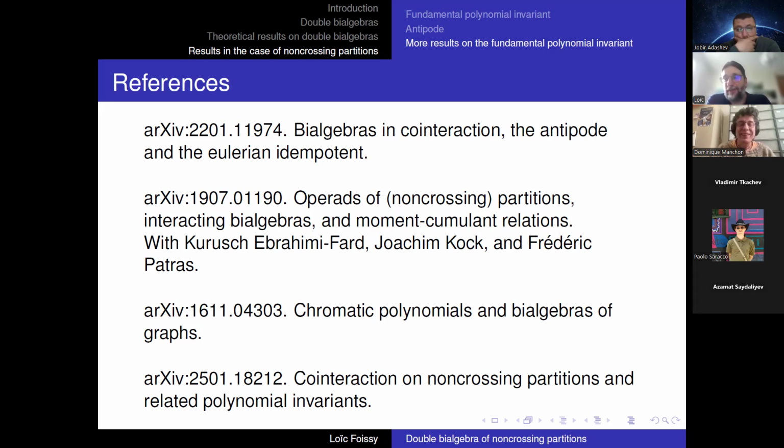We didn't check, but I'm quite sure that this exists. And probably they should be related to the Faà di Bruno and something like this of algebras. In fact, maybe you just obtain the algebra of symmetric functions, something like this, or something very close.